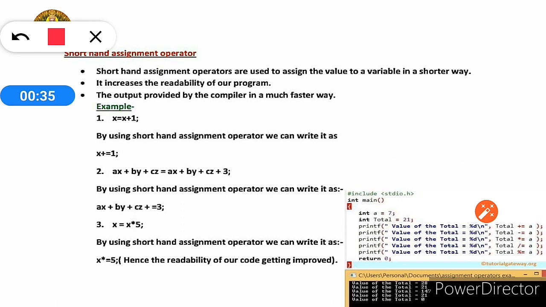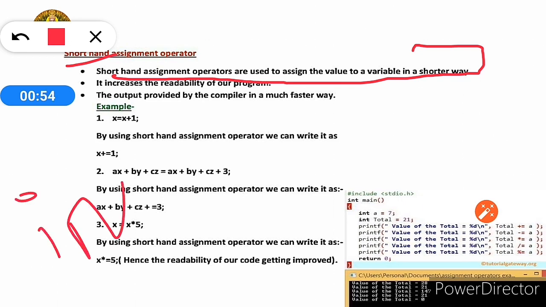So we are using some shortcut way. Let's begin. Shorthand assignment operators are used to assign the value of a variable in a shorter way. Now students, for example, suppose int x equal to 5.